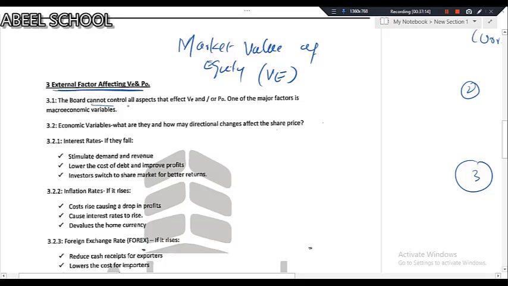The board cannot control all aspects that affect V and or P naught. Actually, your BOD cannot control all aspects which affect V and or P naught. One of the major factors is macroeconomic variables.